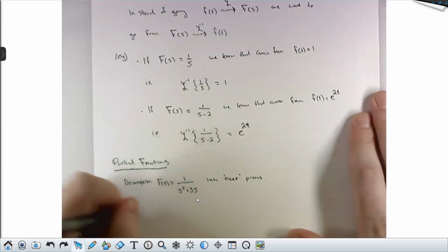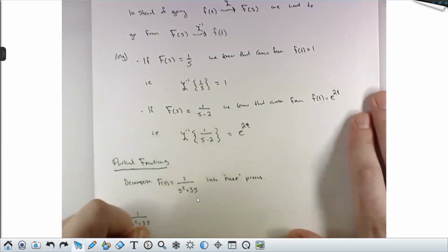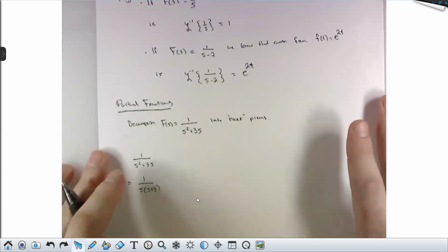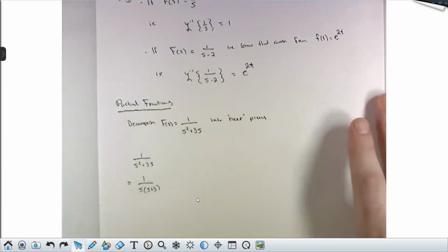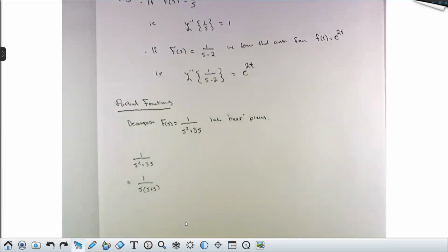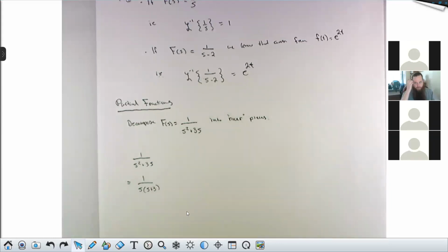So 1 over s squared plus 3s, that's equal to 1 over s times s plus 3. And because the two factors downstairs here are non-repeated linear factors, right? Those are the sort of cases. You've got non-repeated linear factors, repeated linear factors, irreducible quadratic factors that cannot be split into linear factors over the real numbers, although you could do it with complex numbers.